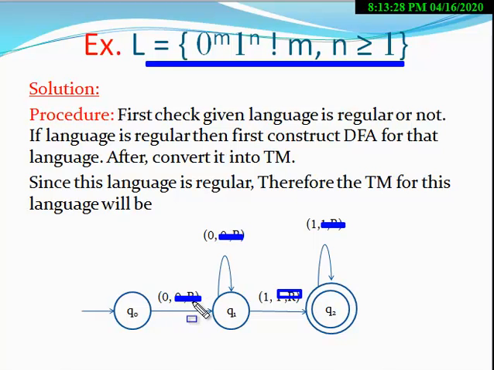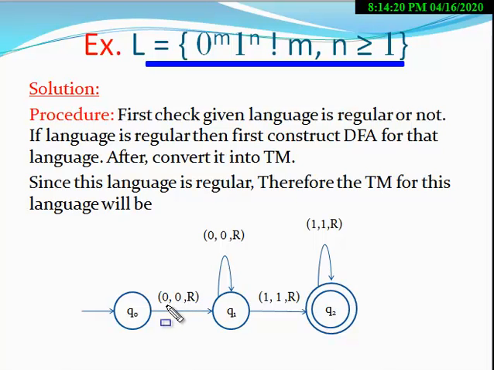When you convert edges into triple form, they are constructed in the following manner. The second parameter you have to put the same as here. So here is 0, and here you also put 0, right?